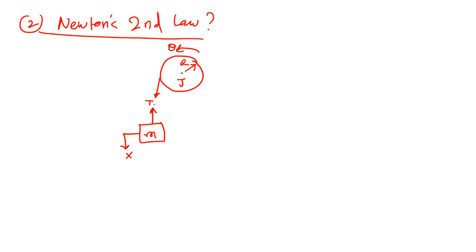This is tension. I don't know how much this tension is, so I'm going to call it T. I'll take care of it next. I'm going to call it T, the tension inside the rope, one up and one down. How do I know? From Newton's third law: for any element, if there is one force on one end, the other force will be the same but in the opposite direction.